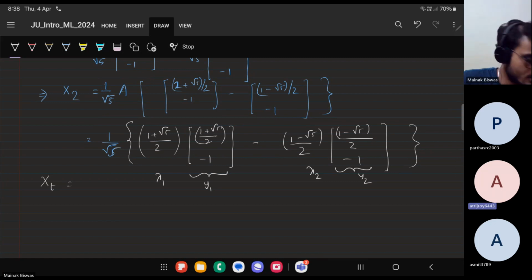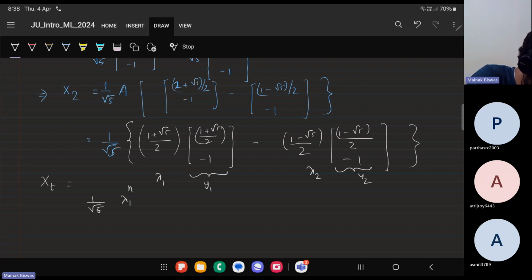Like lambda 1 power n. Very good. So lambda 1 power n, or power t here, into y1, or t minus 1, right? Here it is 2, so we got 1. Yes or no? Is there a mistake?